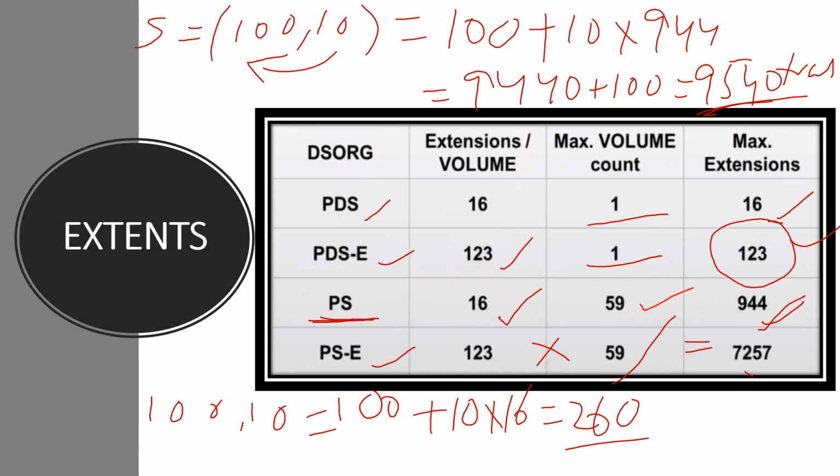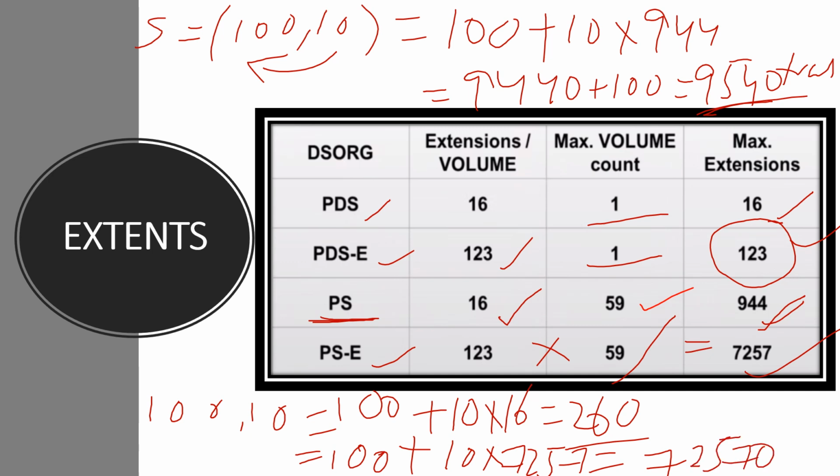When you're creating a basic PS file with an extended format, if you give 100 plus 10 into 7257, that is 72570 plus 100, which is 72670. So that's how an extent works, and that's how it can spread.